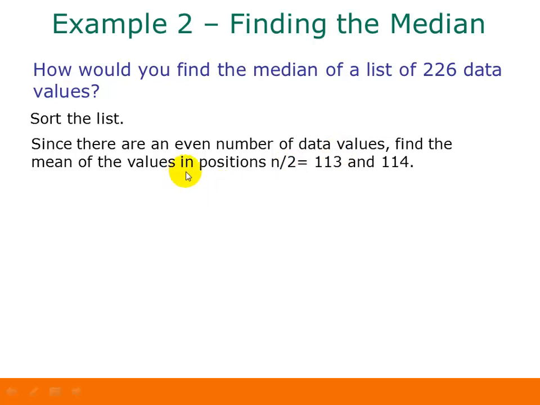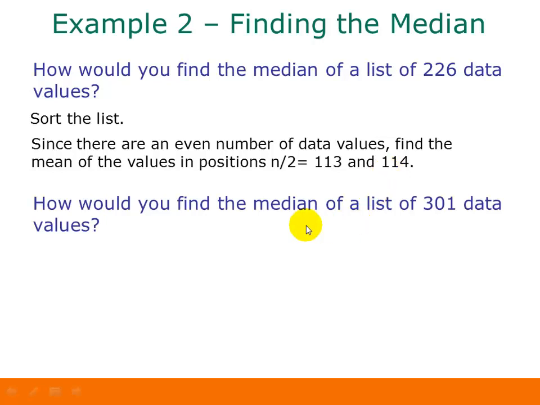So we're going to take the 2 numbers in the middle. The first one would be at the n over 2 position, which would be 226 divided by 2, which is 113. So we take the one in the 113th position, and then the next one, which would be the one in the 114th position. So we would find the values in those 2 positions and average them, and that would be our median.